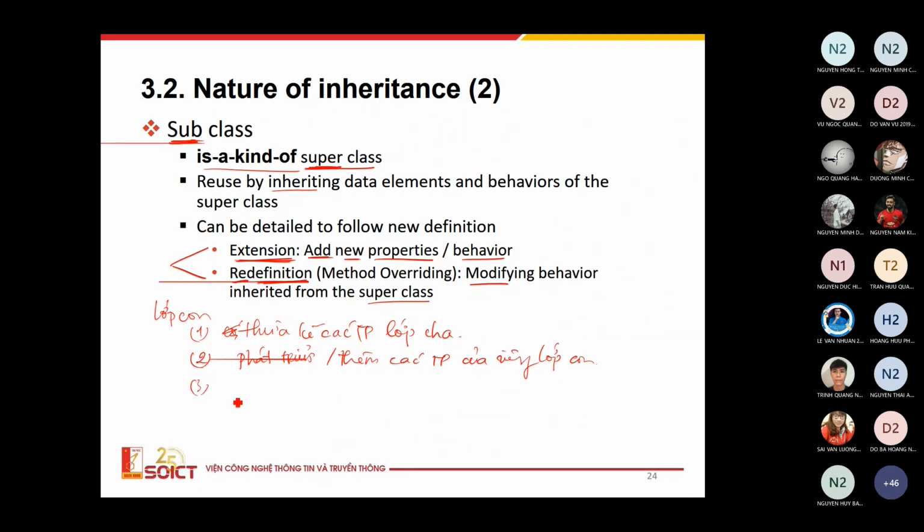Và thứ ba là nó còn có thể sửa đổi nhá, hay còn gọi là ghi đè lại cái thành phần thừa kế từ lớp cha. Và cái ghi đè này thì chỉ có ghi đè phương thức mà thôi nhé. Đấy.